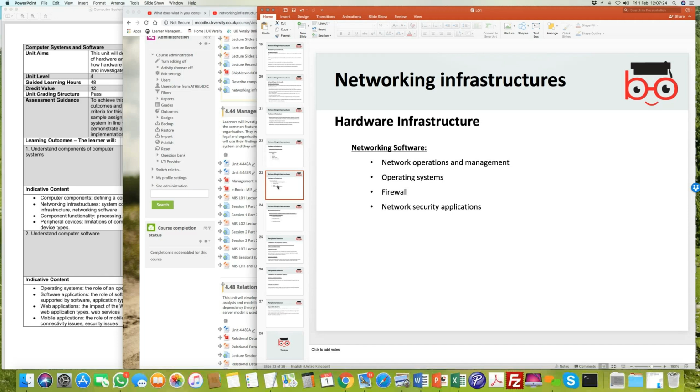And this software could be things like network operations software or management software. The earlier versions of that were introduced by Microsoft in the Windows 2000 server, Windows 95 server, and that allowed some of these systems connected on the network to be controlled or maintained remotely.